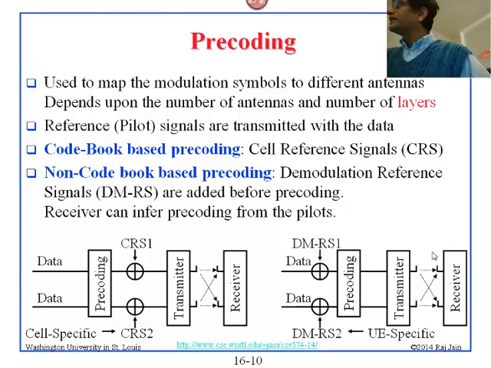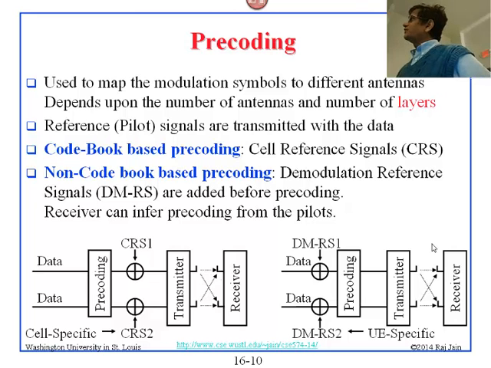Now we can use that here. Either we use a codebook based pre-coding. So codebook based means there is a table which everybody has from the standard. So we can say, okay, please use row number 15. That is called codebook based pre-coding.